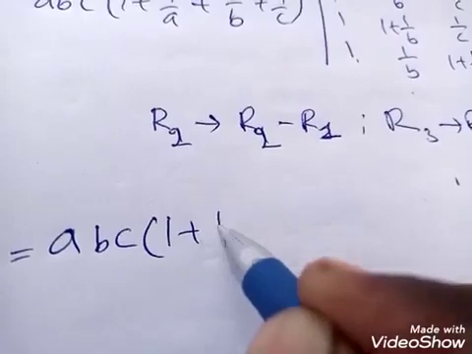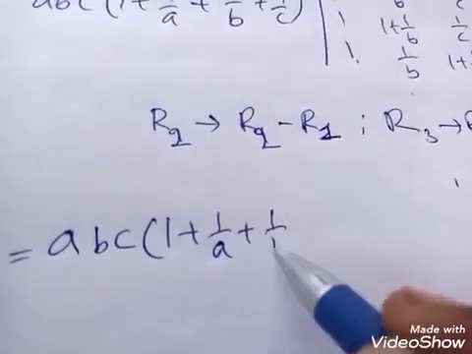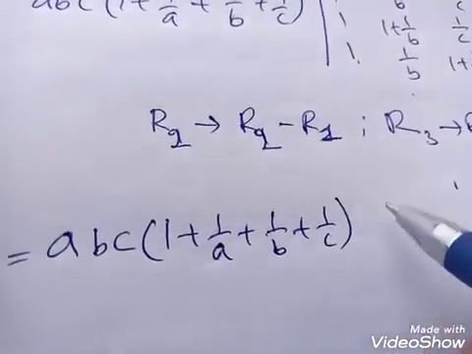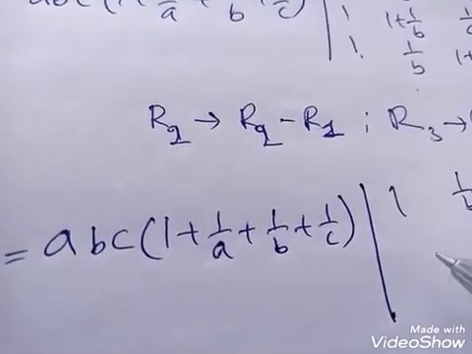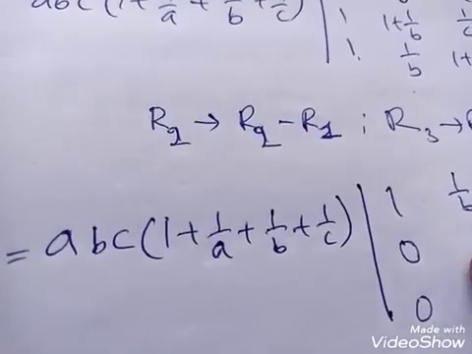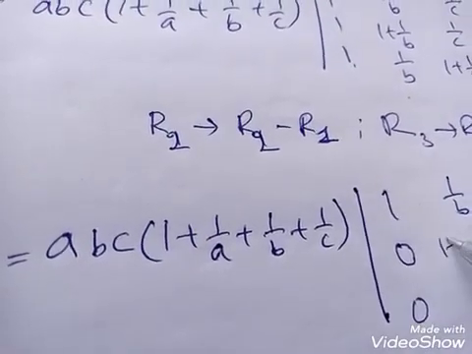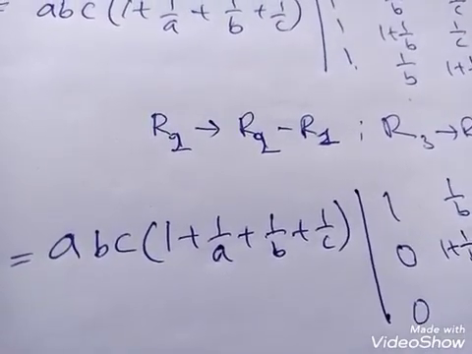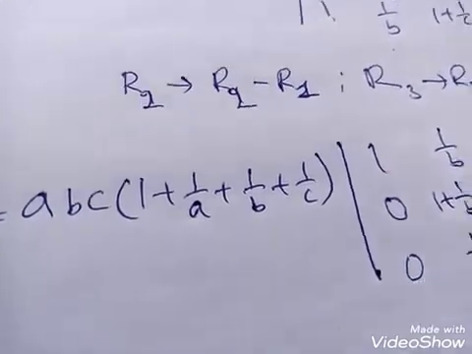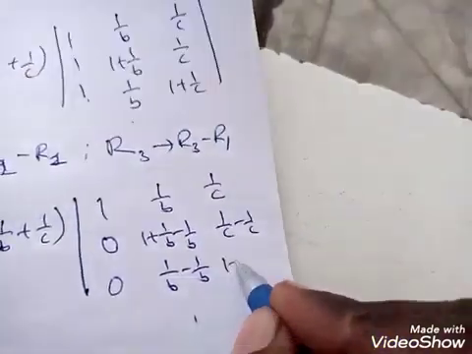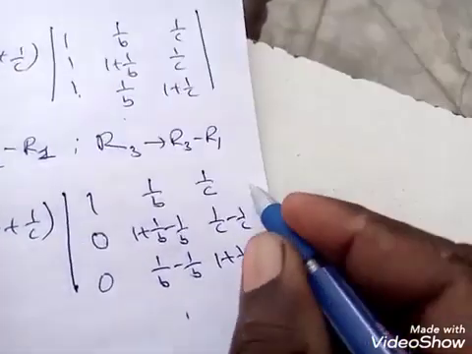That means abc into 1 plus 1 by a plus 1 by b plus 1 by c into the determinant of 1, 1 by b, 1 by c. Now this is 1 minus 1, 0, 1 minus 1, 0. Now this is 1 by b minus 1 by b, 1 plus 1 by b minus 1 by b, 1 by c minus 1 by c, and this is 1 plus 1 by c minus 1 by c.